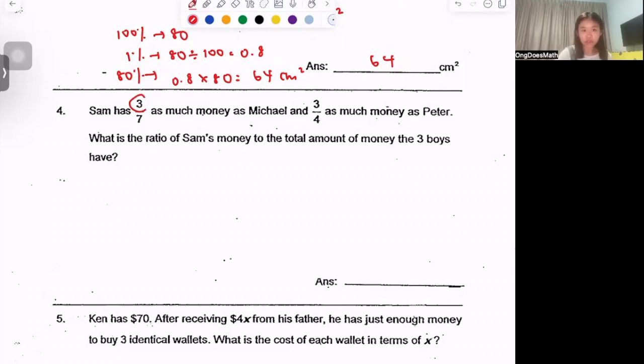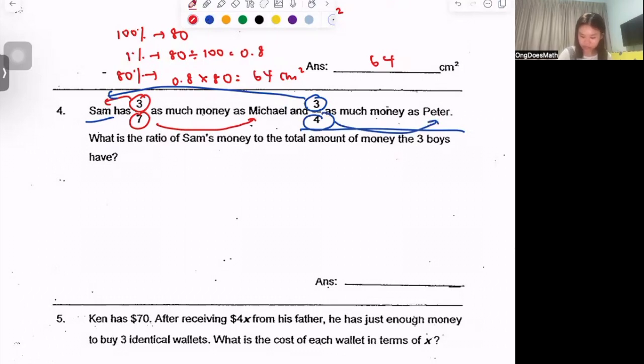This 3 over here belongs to Sam, and this 7 over here belongs to Michael. At the same time, Sam also has 3/4 as much money as Peter, which means this 3 belongs to Sam and 4 belongs to Peter.